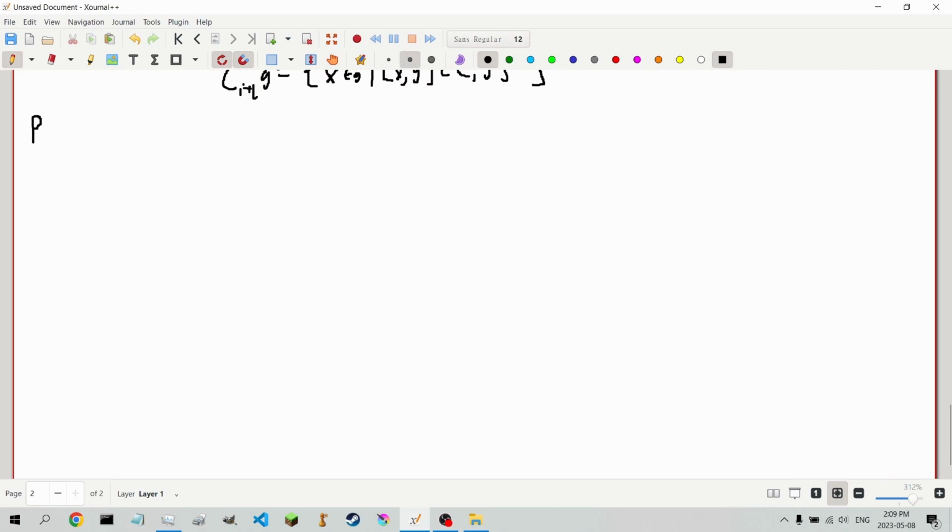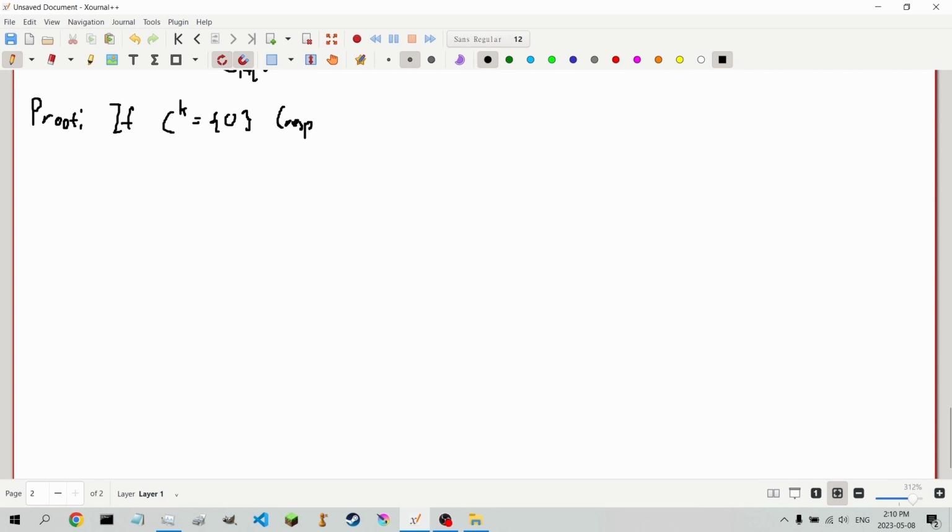So let's look at the proof. If C^k is 0, if the kth element of the lower central series is 0, which you can show terminates if and only if the other does, although they're not going to line up exactly. Then the length of the series will line up, but the contents won't necessarily just be flipped.